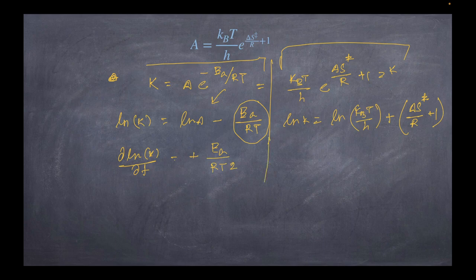Now in the other case, kB and h are constants, so we can re-express ln kBT divided by h as ln kB by h plus ln T. It is a log, so we can express the multiplication as a summation. This term is constant, so it will be 0 upon taking the derivative with temperature. The derivative of ln T is 1 upon T.